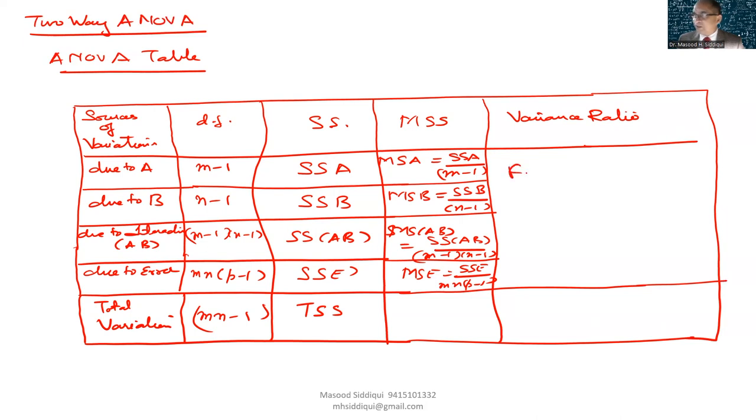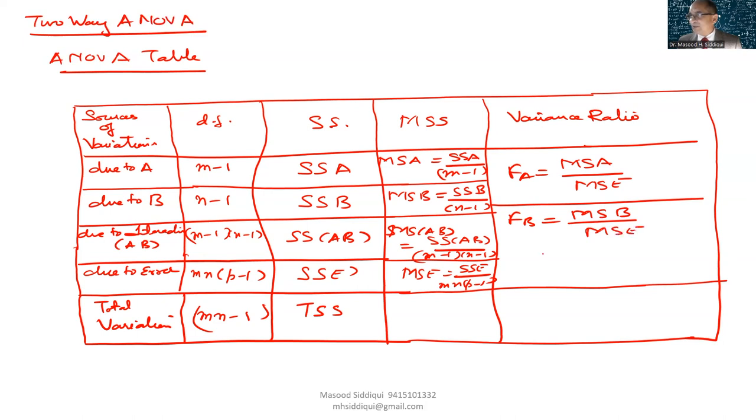The first one is F of A, where we examine the variance ratio of MSA with respect to MSE. The next one is with respect to B, where we examine the significance of the impact of the other factor, that is B. This is MSB upon MSC.